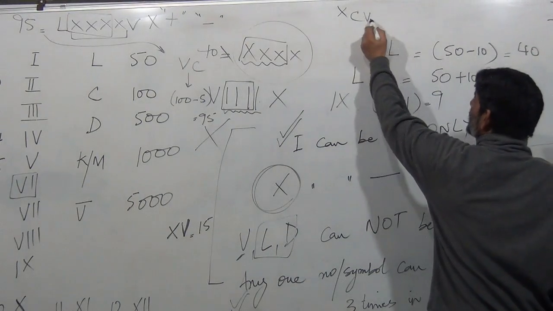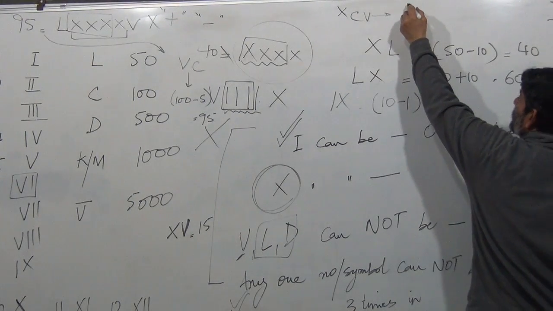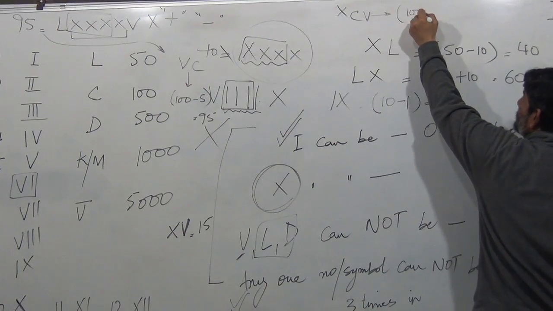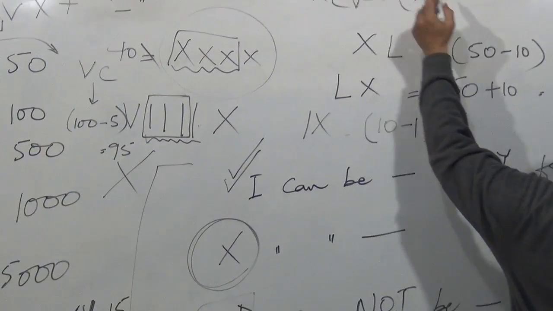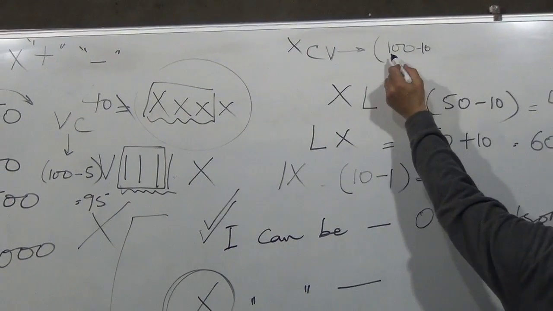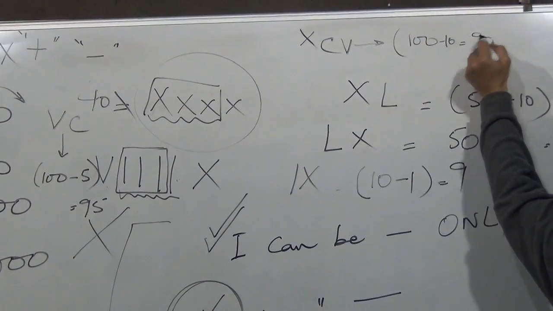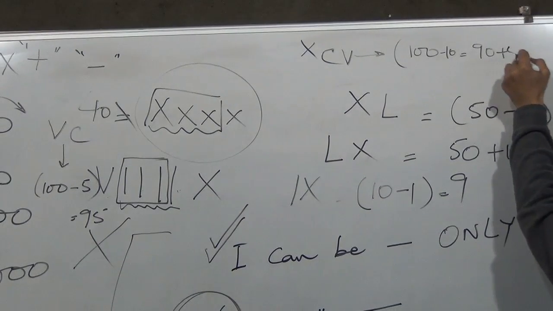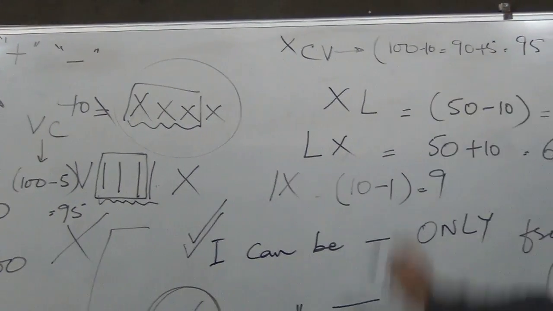So what this basically means is 100 is subtracting 10 and you get 90 from that, to which you're adding a V and reaching 95.